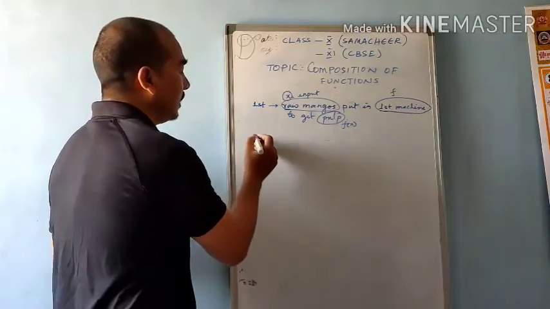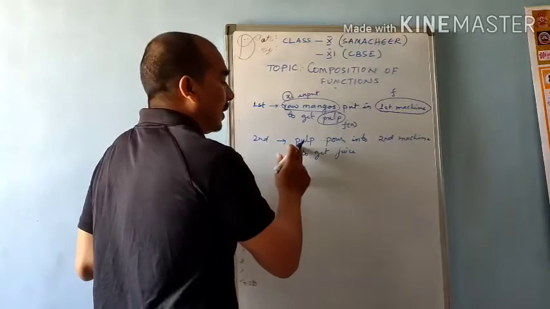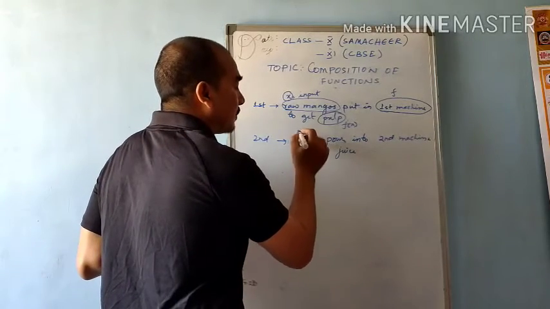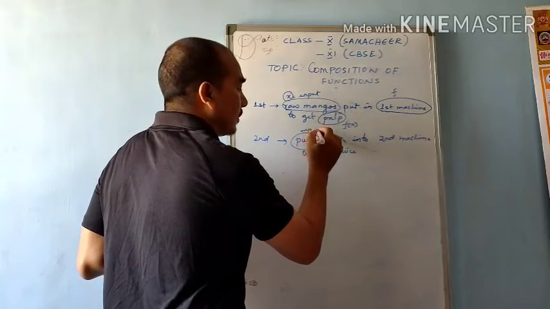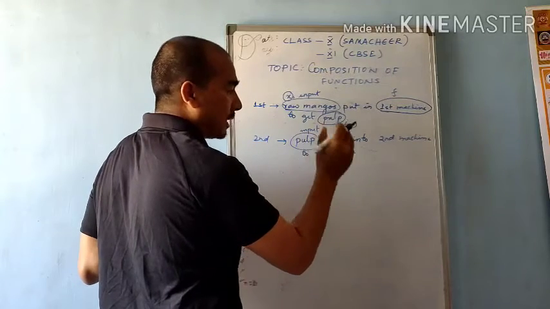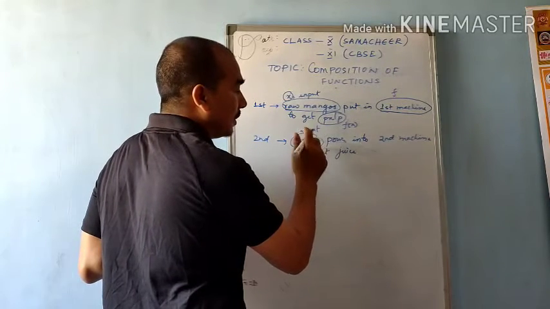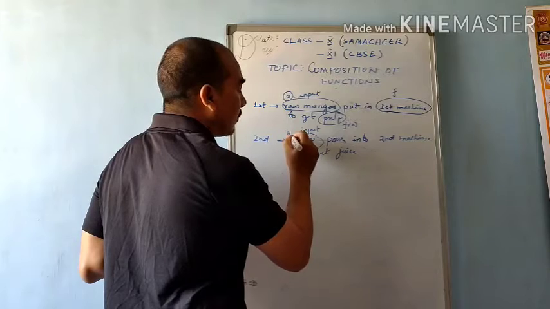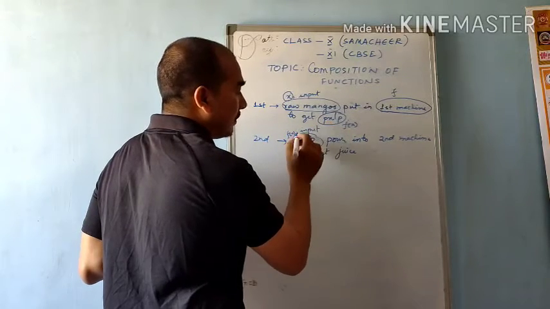Then in the second step, the pulp is the input. For the second machine, this input is f of x, right? Pulp means f of x.